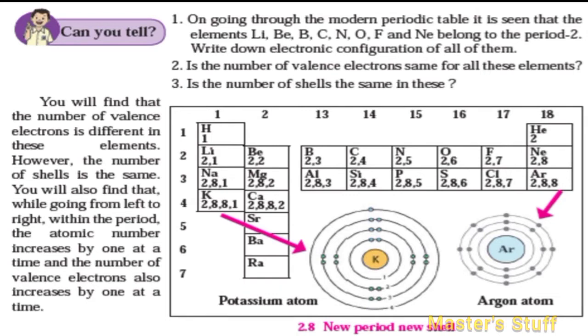However, the number of shells is the same across the period, as while going from left to right across the period, the electron gets added to the same shell. The atomic number increases by 1 at a time, and the number of valence electrons also increases by 1 at a time.